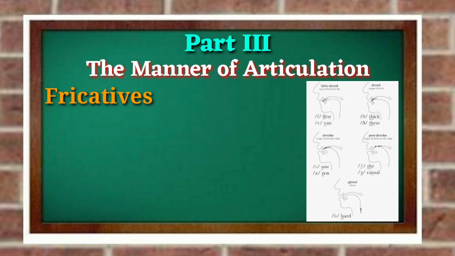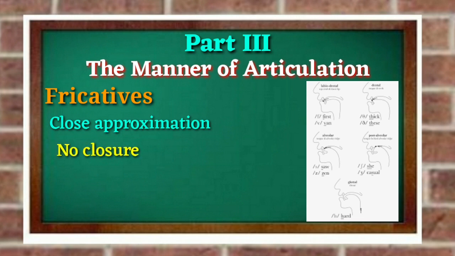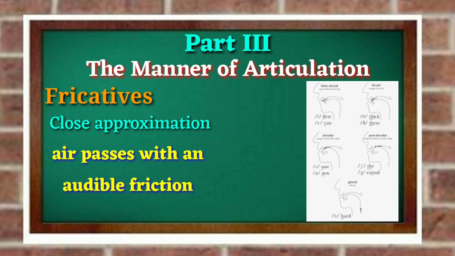Fricative involves stricture of close approximation. There is no closure anywhere. There is only narrowing. The active articulator comes very close to the passive articulator. There is only a narrow gap between the two articulators, and when the air passes through the narrow gap, it causes audible friction, and air can pass continuously.